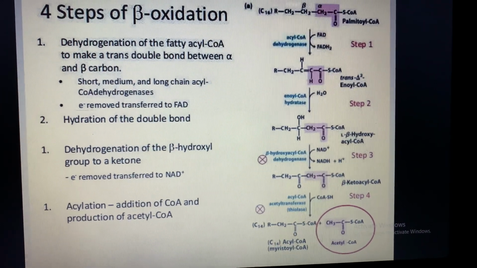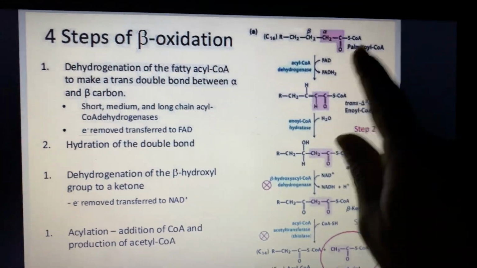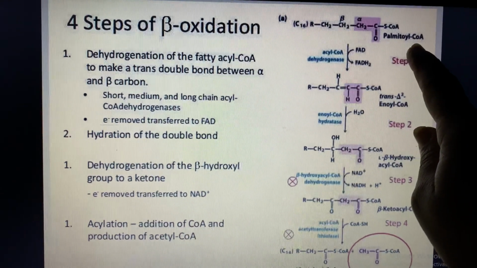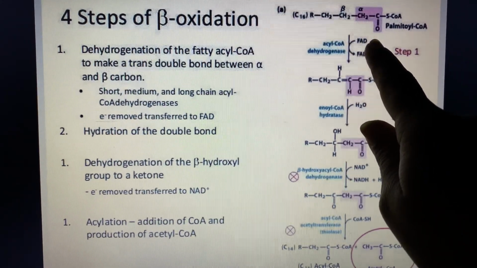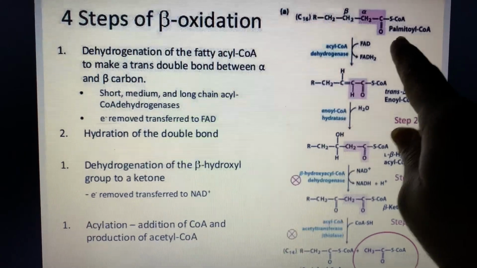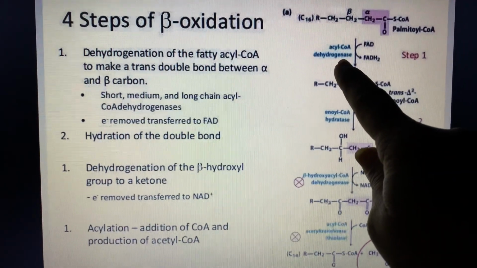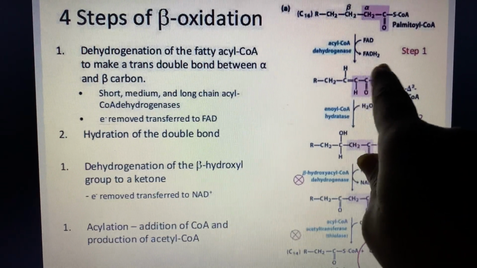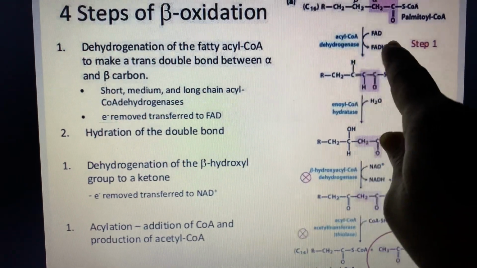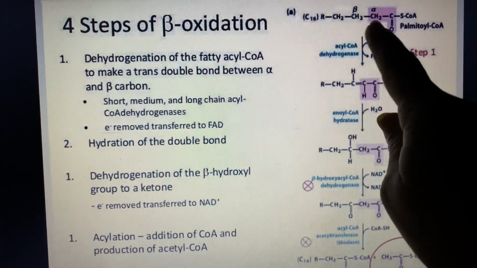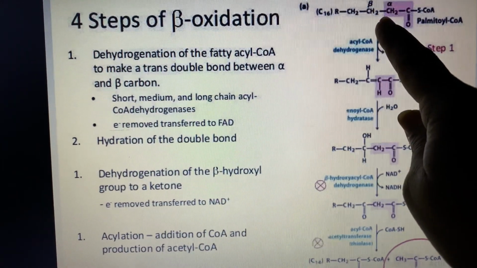Let's talk about the first steps of beta oxidation. In the first step, for example, there is palmitoyl coenzyme A, I think it's around a 20 carbon bearing fatty acid. In step 1, in the presence of acyl coenzyme A dehydrogenase, dehydrogenation occurs in between the alpha and beta carbons.